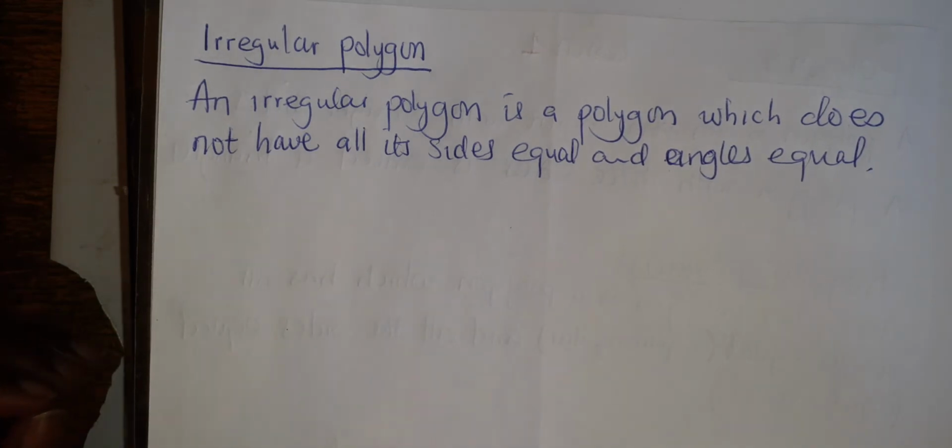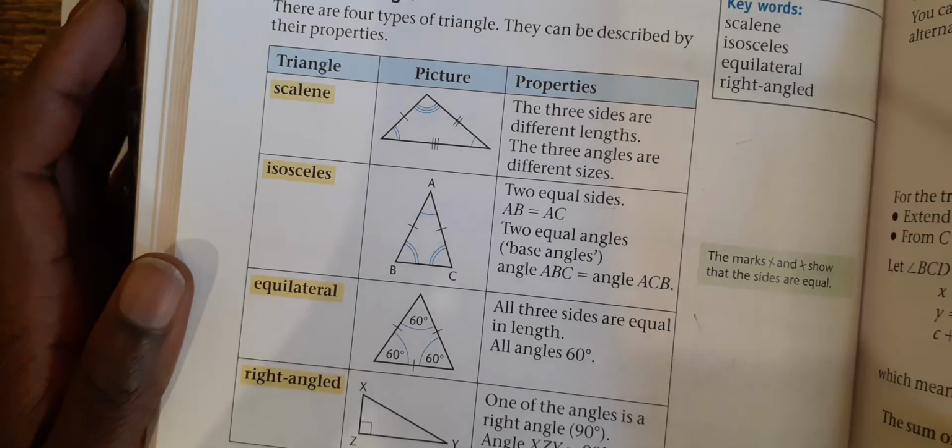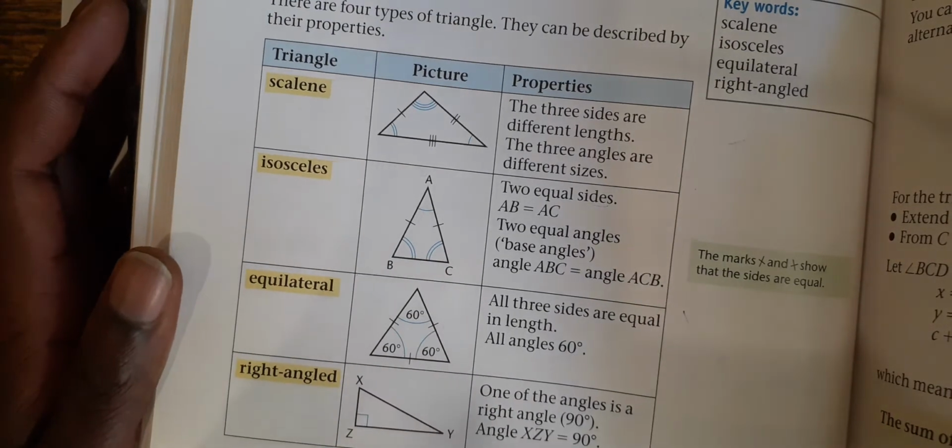For instance, if you remember where we're coming from, we talked about the types of triangles.